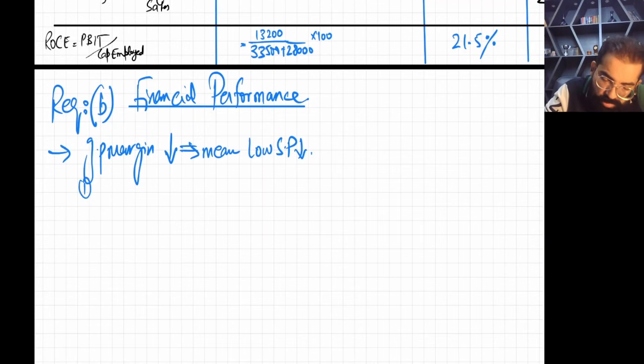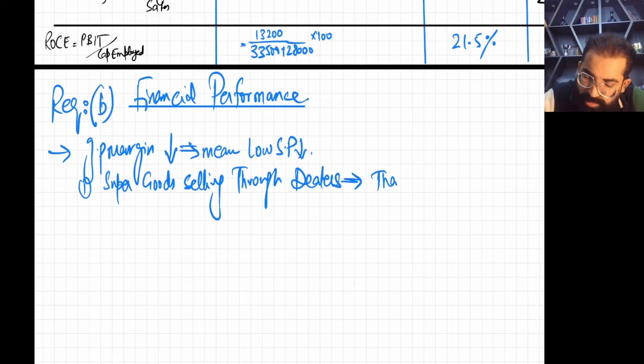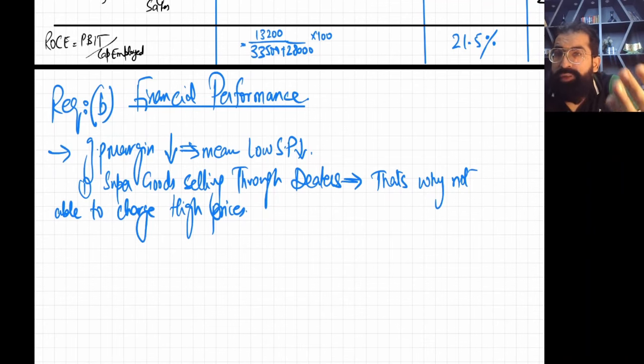So selling through dealers, that's why not able to charge high prices. On the other hand, the competitors, the other industry players, are directly selling retail. You hope you remember the question. So that's why they are getting good selling prices. Everything is going in their own pocket, so their margins are high.